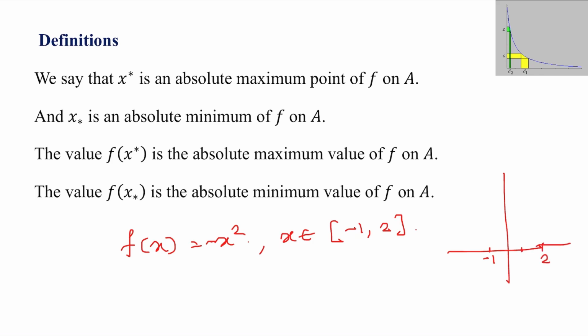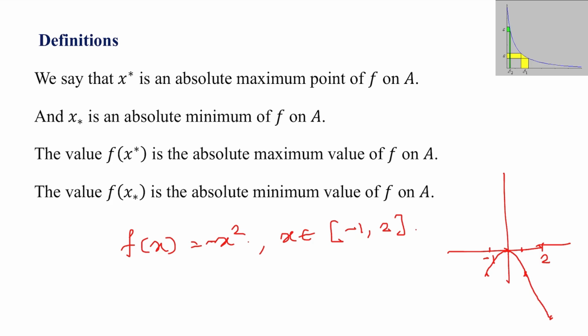Here we have 2. So f of minus 1 is minus of minus 1 square, which is minus 1. Then f of 0 will be 0. Then f of 1 will again be minus 1. f of 2 will be minus 4. So this will be the graph of the function.